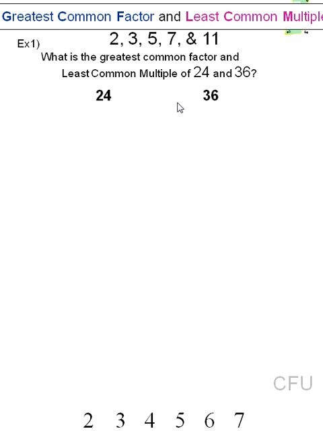I'm going to start with 24. Out of these 5 primes, which prime number divides into 24? 2 and also 3. But I'm going to use 2 right now. So I'm going to write 2. 2 divides in there, and what do we get? 12. Okay. 2 is a prime number. Do you agree with that?